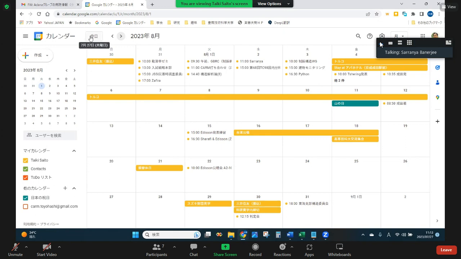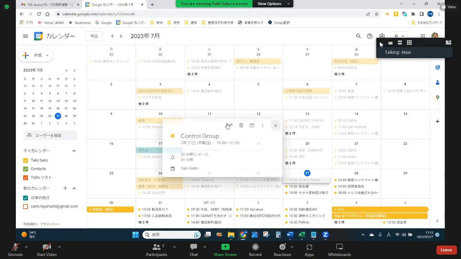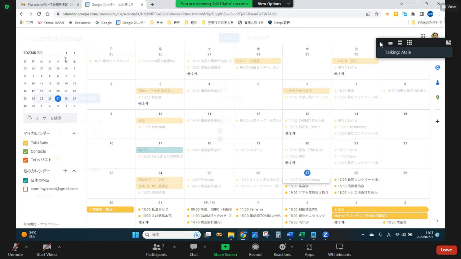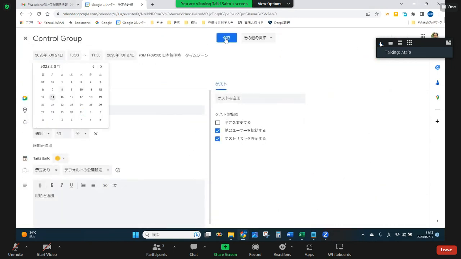Yes, Sensei. Ataya-san, when will you go to internship? I will go next Monday, 31st of July. So you cannot join, right? But because they have a summer break from 11 to 18 maybe, I can join this meeting. I don't know if I have something to present, but maybe on the 14th I can join, Sensei.